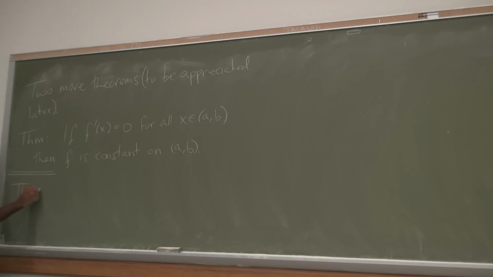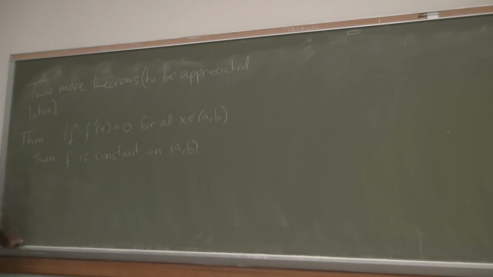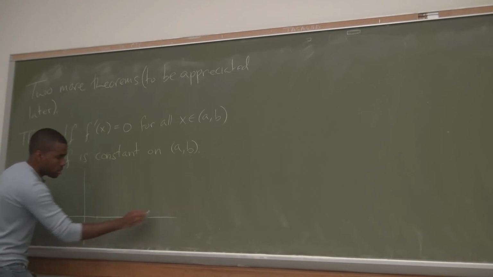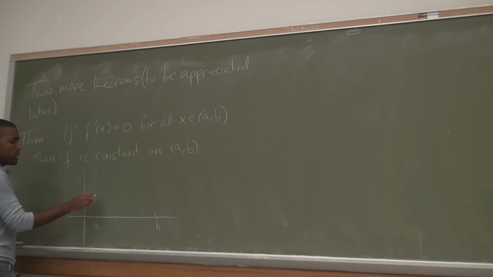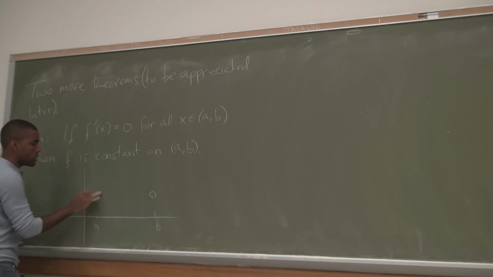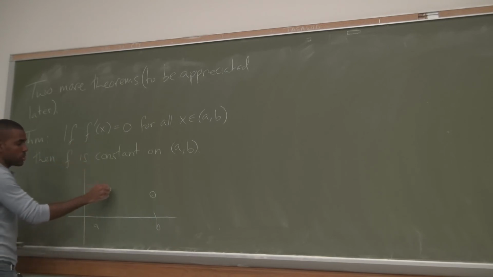Can you explain the first one again? This means on the interval a, b, your function f, the slope is always 0, right? This is the slope of the tangent. What would that mean? At any point in this interval, your tangent line is a horizontal line, right?